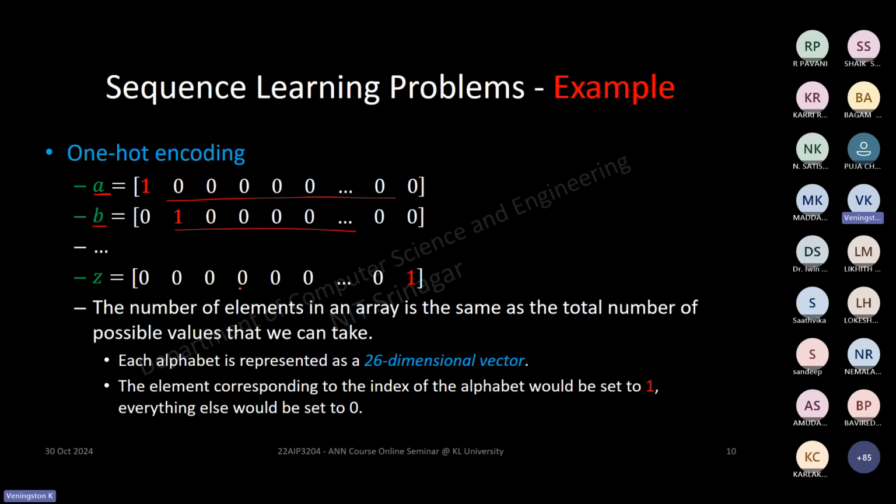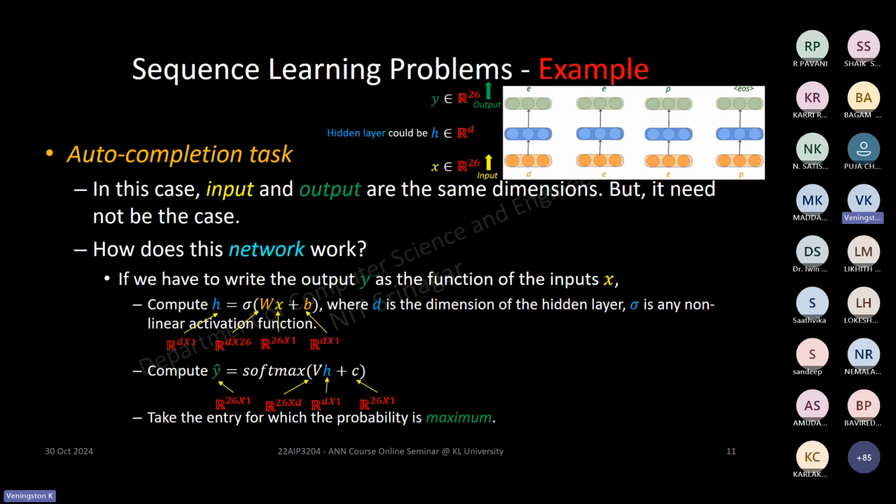So now, as you can see, when we feed, let's say, D into the neural network, we must know that the size of the input is actually 26, because D is represented as a vector containing 26 values, in which the bit that corresponds to D will have value one and all the remaining will have value zero.